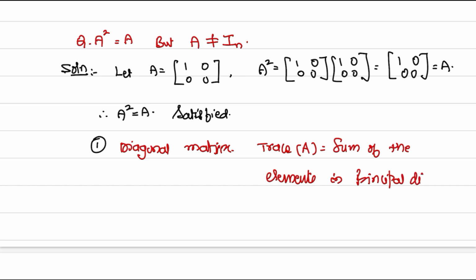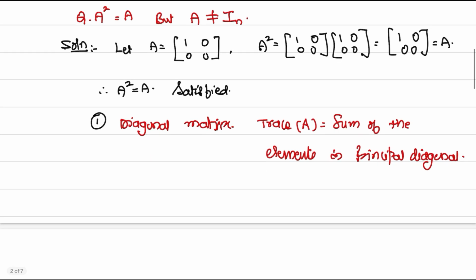Is it correct or not from the definitions? We are defining these properties, we are recollecting what we have learnt. It's a very good matrix. Please try to understand. What is trace of A here? Sum is 1 plus 0, that is equal to 1. Trace is unity, that is trace is 1.